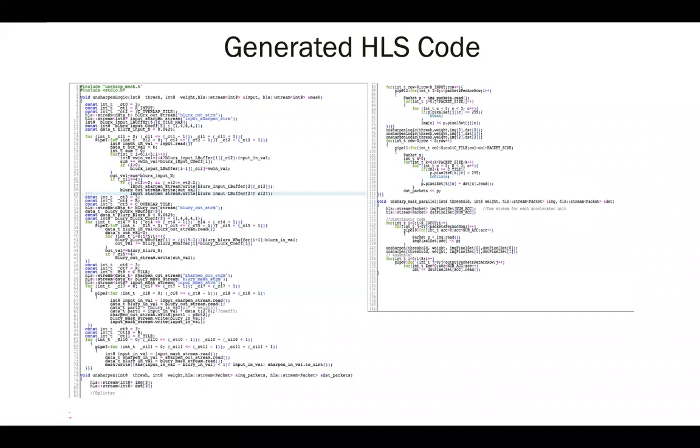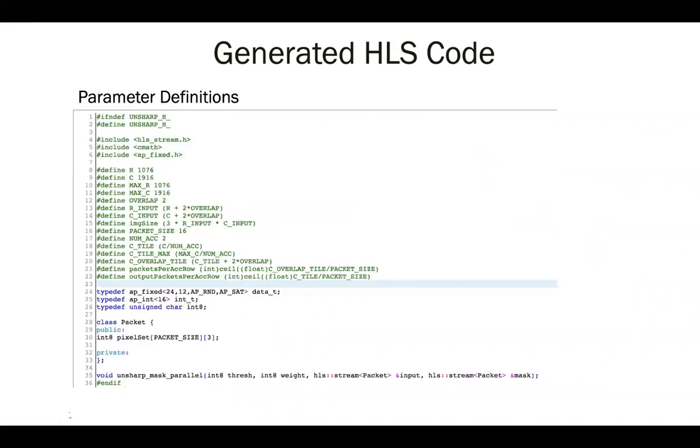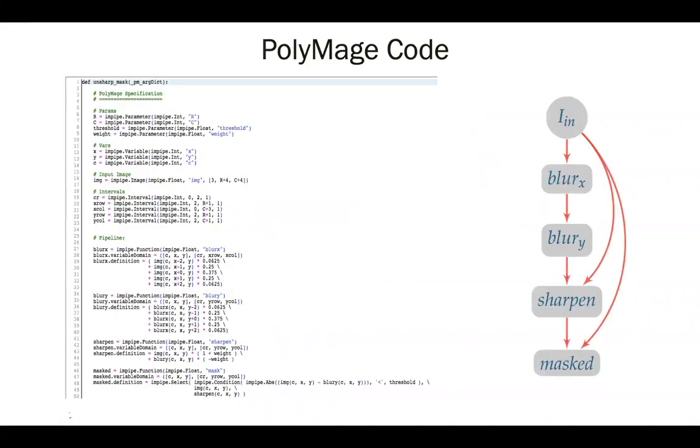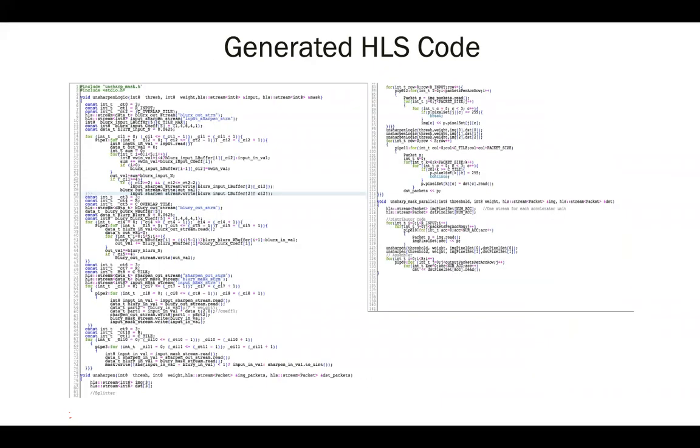So the point here is, even for a relatively simple image processing pipeline, such as the unsharp mask, the amount of code that you have to write is non-trivial. So you have to work hard.